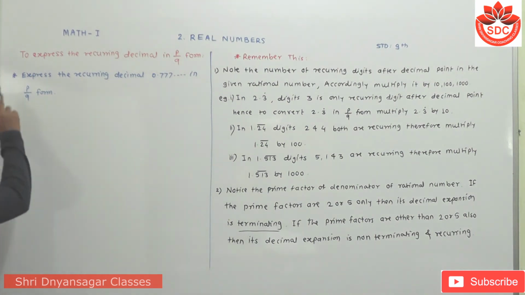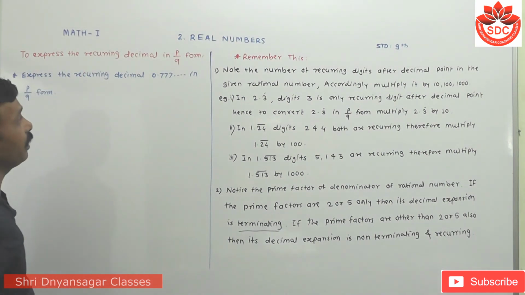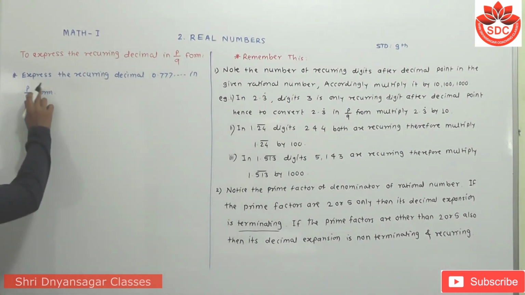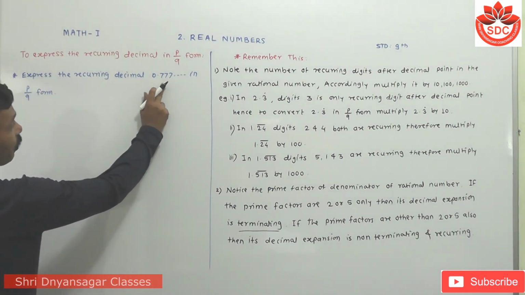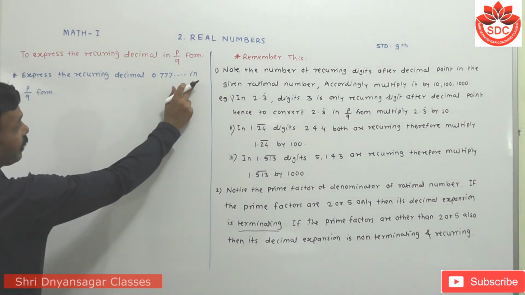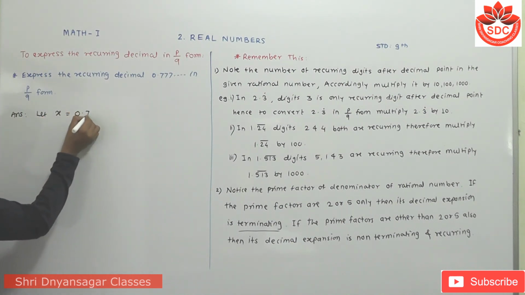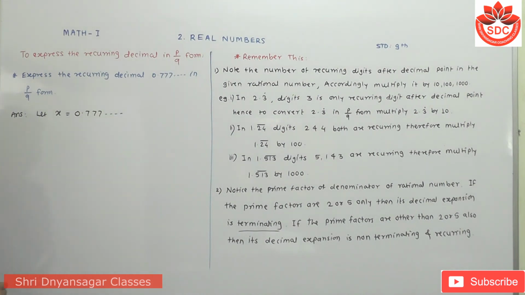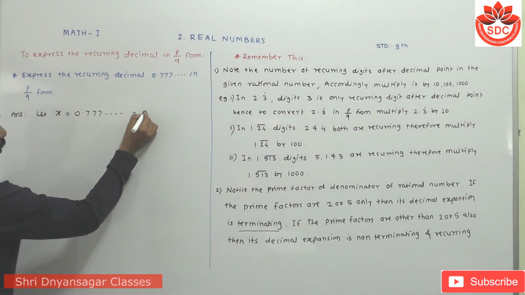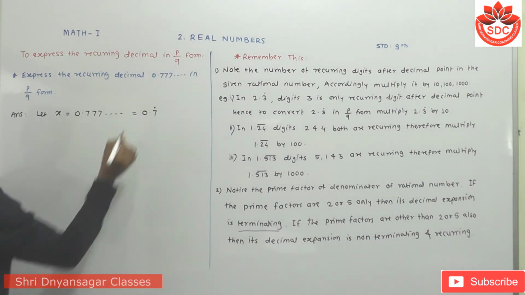Let us see an example: express the recurring decimal 0.777... in p/q form. One example like this can be asked in your examination. Such a question we solve by letting x be 0.7777..., which we write as 0.7 bar.